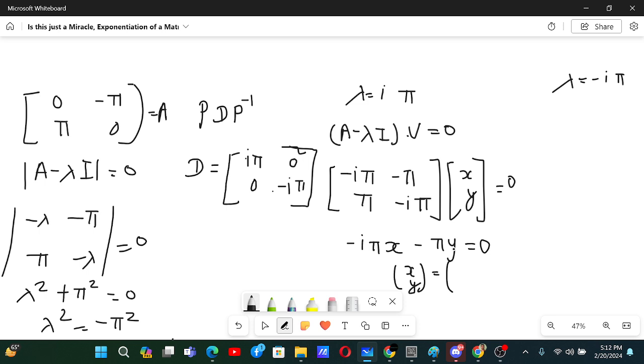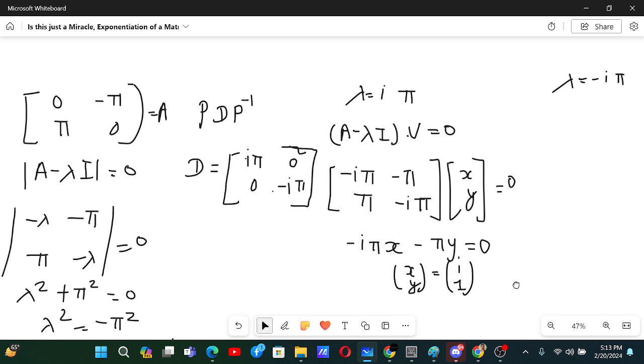Okay, let me put x as i, and then we have this pi over here and y as 1. Okay, so that solves the problem, i and 1. Since i squared is minus 1, minus minus is plus, so pi and 1 minus pi. Okay, that solves the problem.